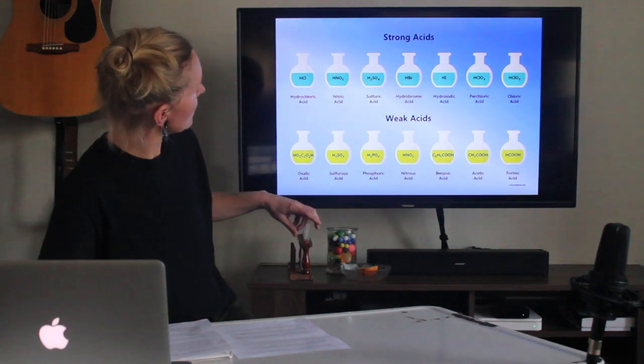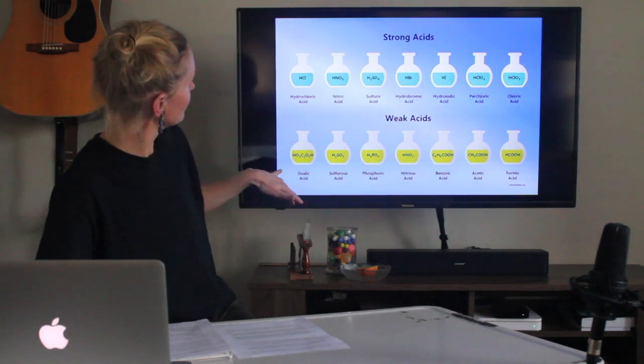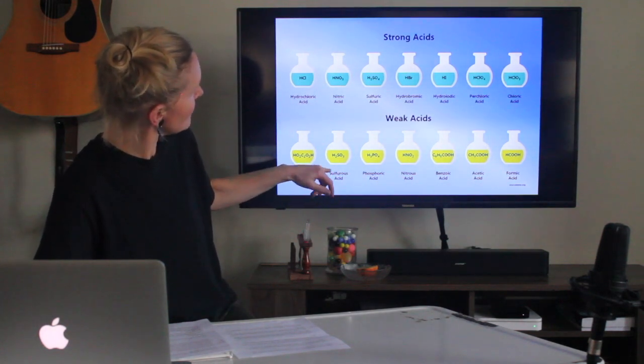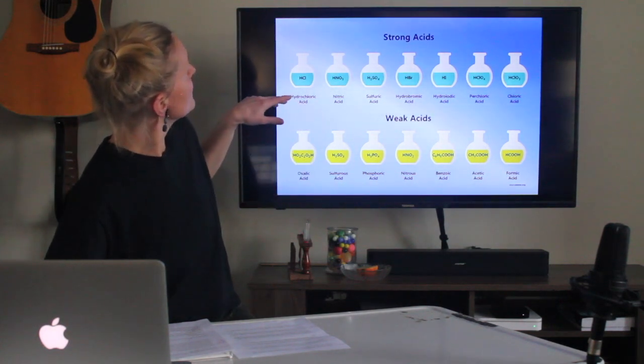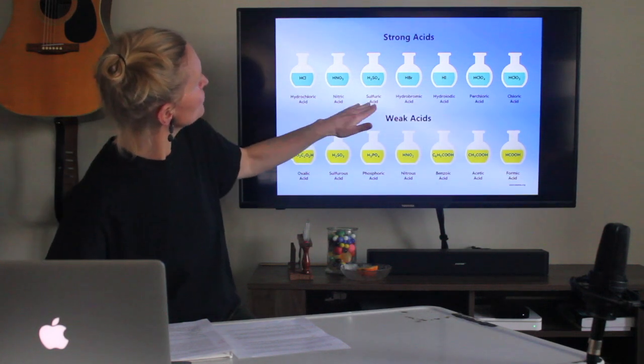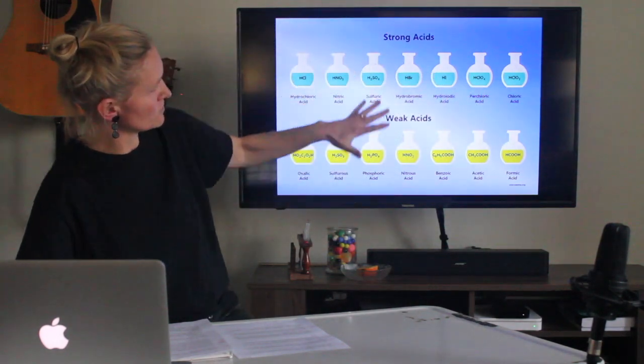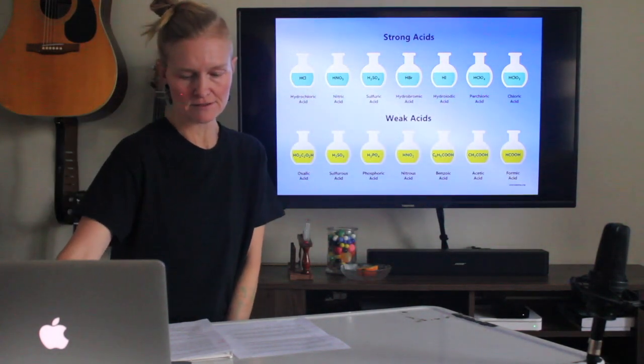So some of the weak acids would be formic acid, acetic acid, sulfuric acid, or phosphoric acid. But the strong ones are like hydrochloric acid and sulfuric acid and chloric acid. So there's a whole range of different kinds of acids.